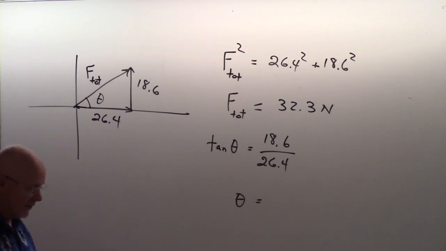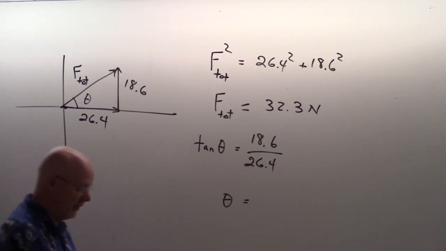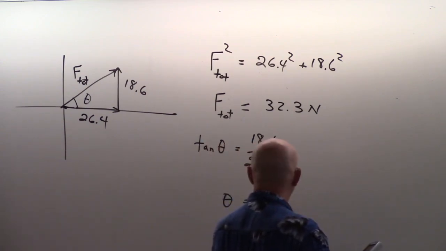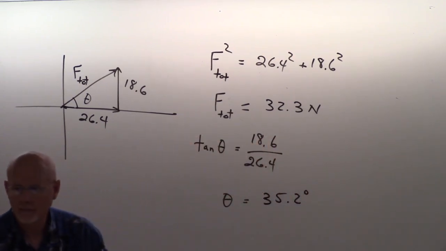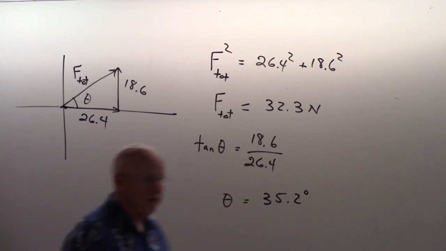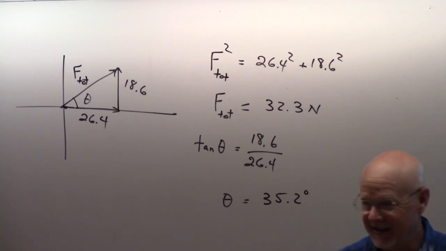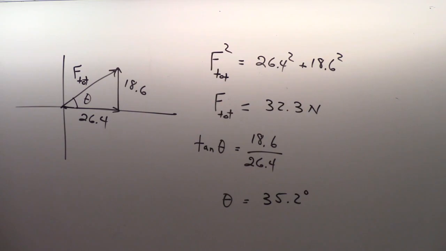So I'm going to go inverse tangent of 18.6 over 26.4, and I get 35.2 degrees. And I think I've answered A, although I must admit this was a good review of chapter 4, not so much anything new here in chapter 5, but I think that will change here.